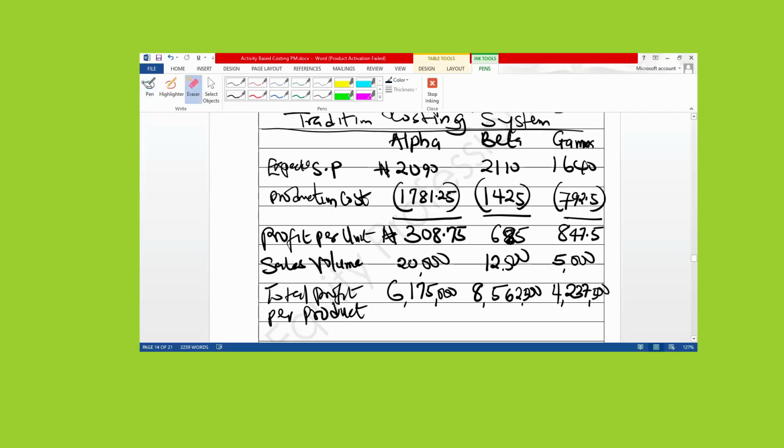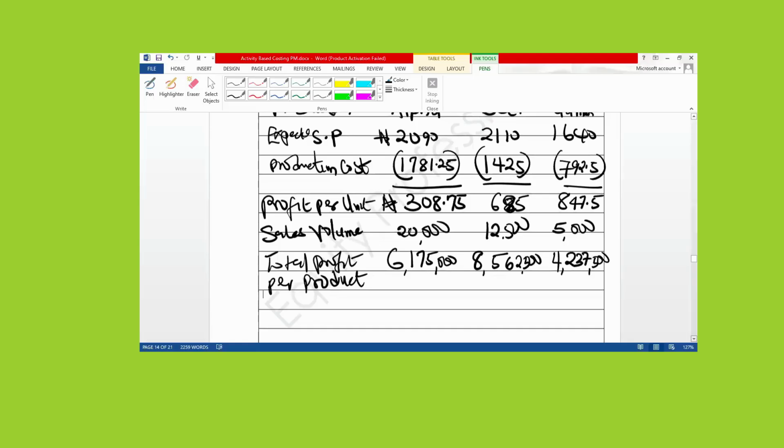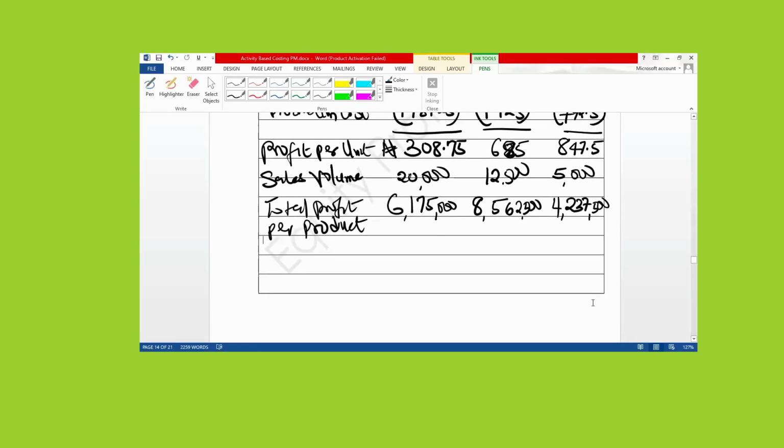We're almost done. What can we do? I'll need more space.